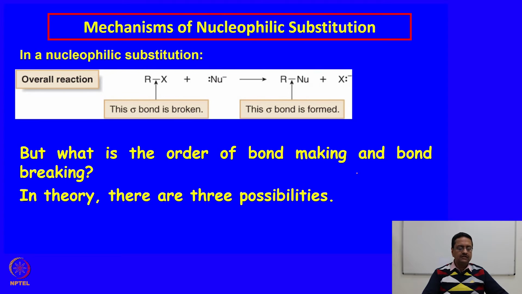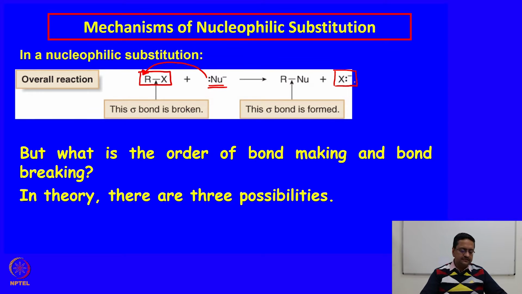So, the overall reaction that we are trying to understand in a nucleophilic substitution is that the sigma bond between R and X is broken, a nucleophile is required which donates its electrons to the alkyl halide carbon and forms a new sigma bond, and the leaving group is thrown out of this molecule.